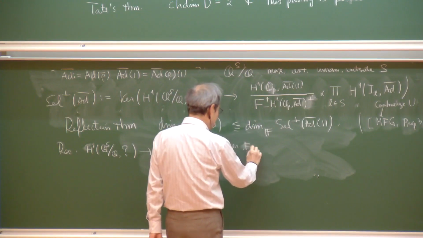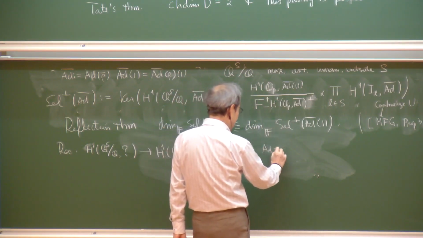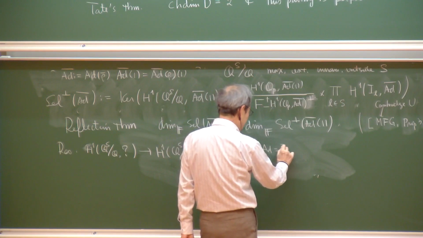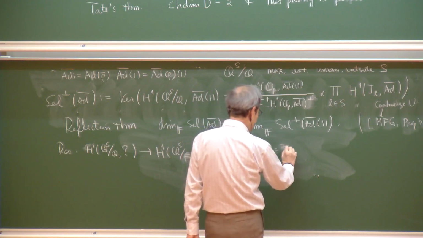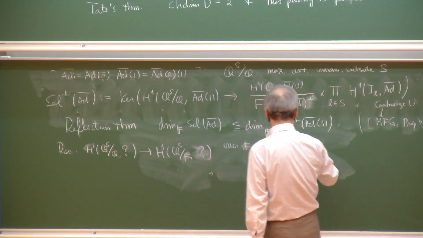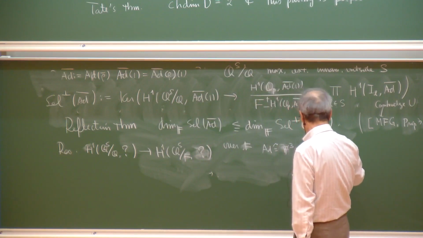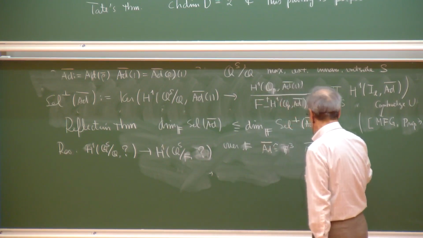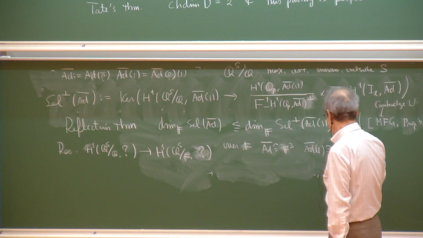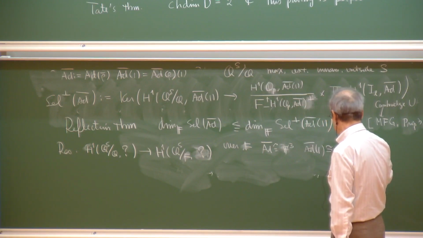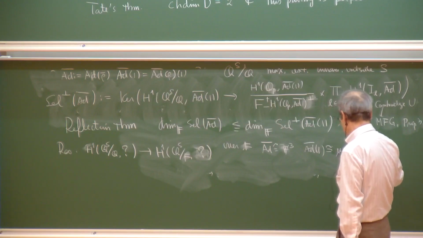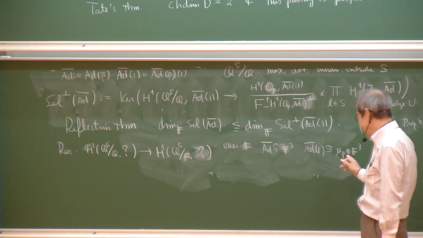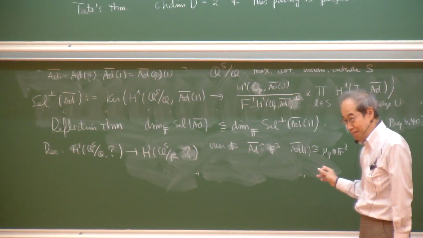And I would work here because once I restrict it here, ad bar disappears over F. The ad is trivial, so just F cubed, and ad(1) is just mu_p tensor F cubed, right? So I can use Kummer theory.